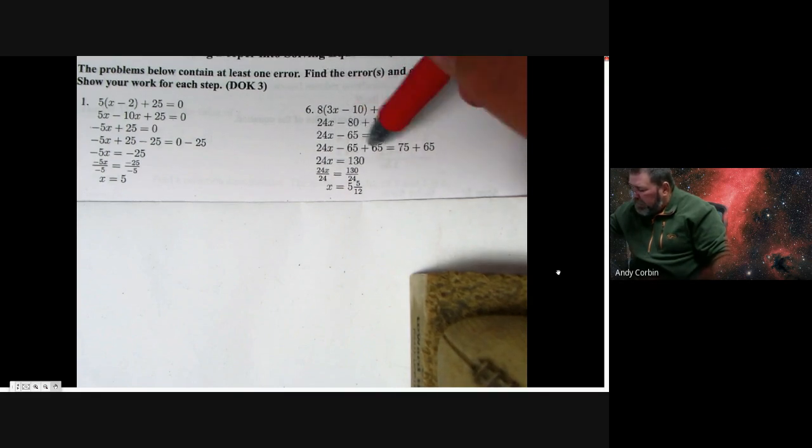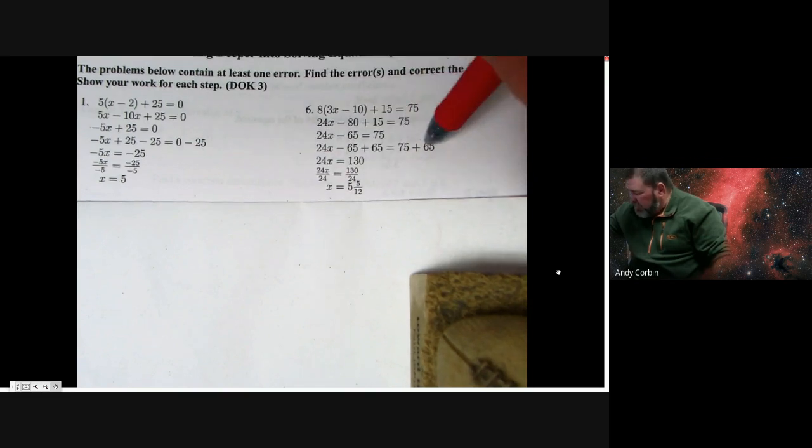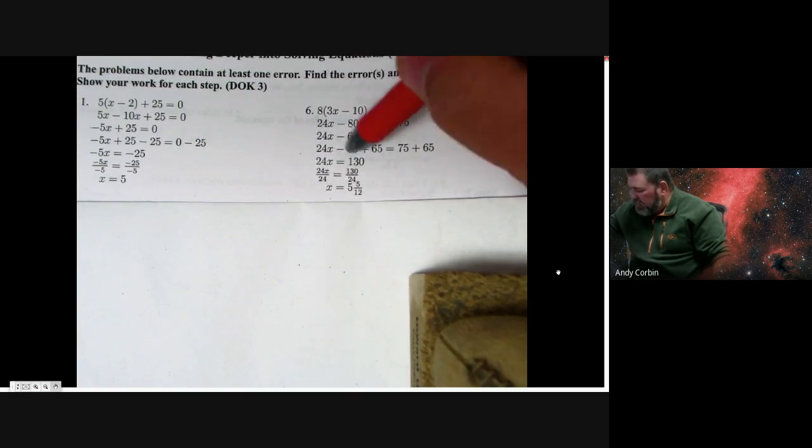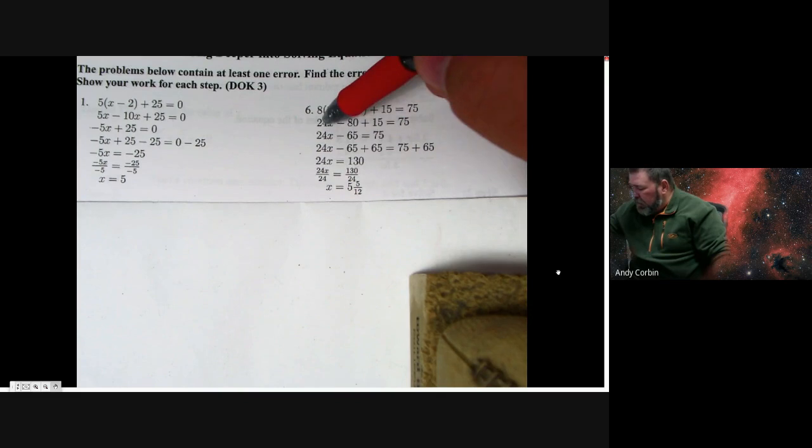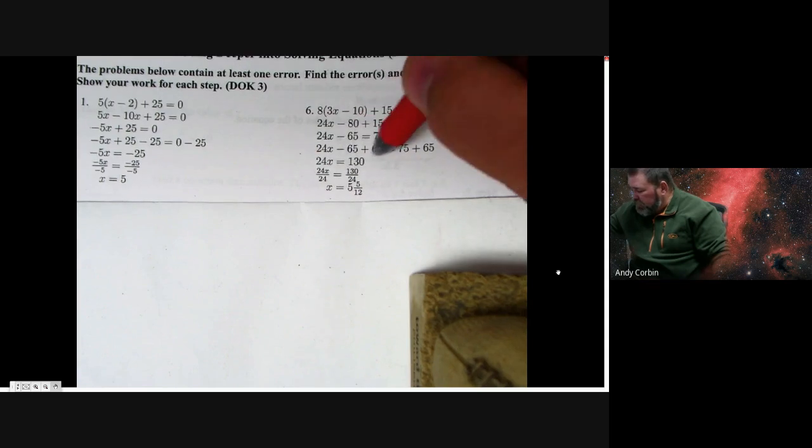Well, they did the same thing, except they just put it out the side of it. They did it to this side, so that means you have to do it to this side. And these would cancel out. Okay? Does everybody see that? And again, they're not messing with the 24x because there's no other x's to put with it yet. So these 65s would cancel out.